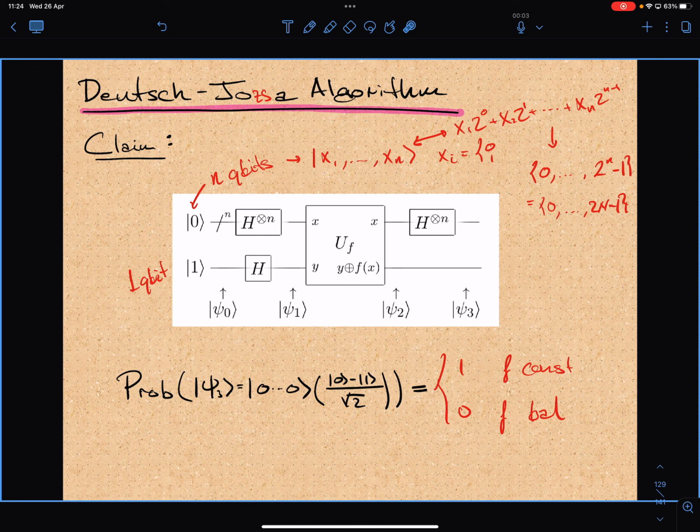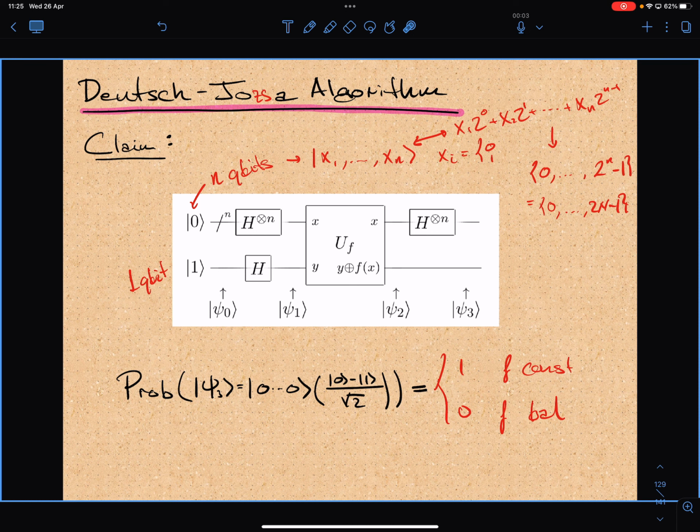In the book, instead of using zeros and ones inside the ket, they put a number from 0 to 2n minus 1, but you have this identification. Since they put only one number 0, that means all of the x1 through xn are 0.